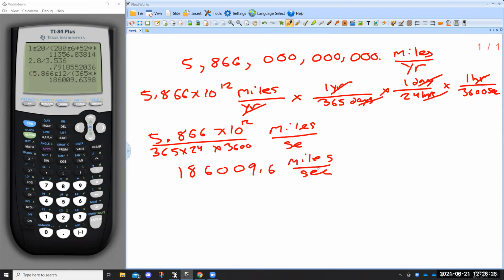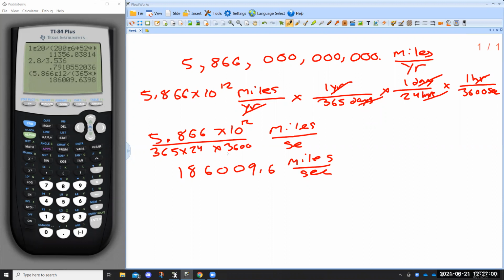Now compare that to a number we were already given: .86 times 10 to the 5th miles per second was given to us in problem number 37.